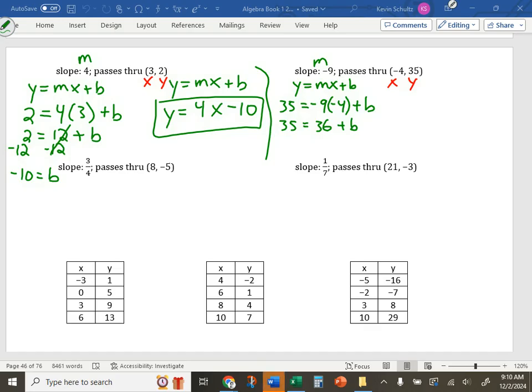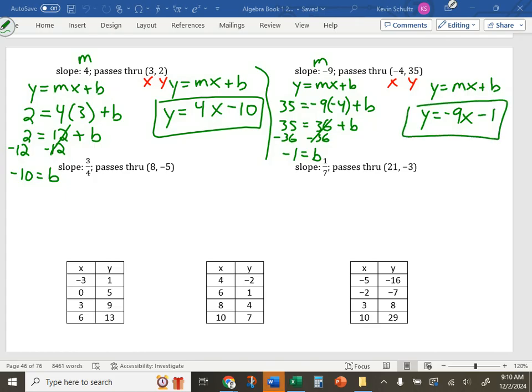Opposite operations, subtract 36 from both sides to cancel that out and get b by itself, and 35 minus 36 equals -1, which is b. And so in slope-intercept form, y equals -9, our given slope, times x, minus 1. And there you have it.